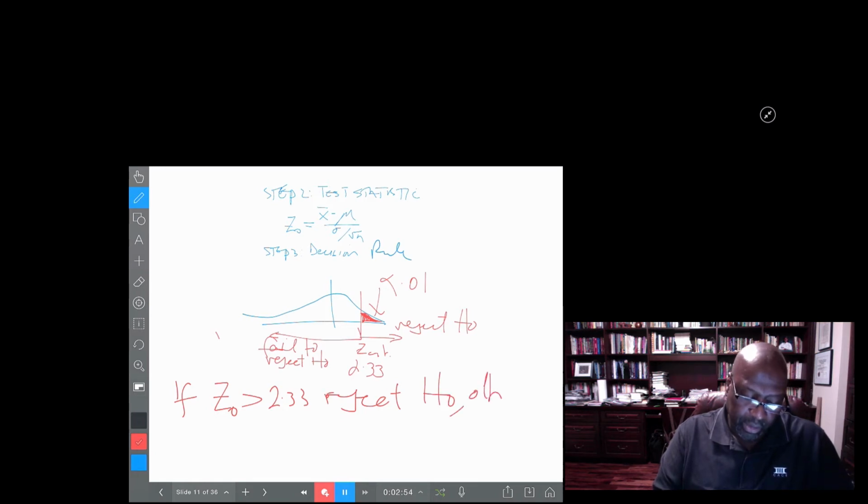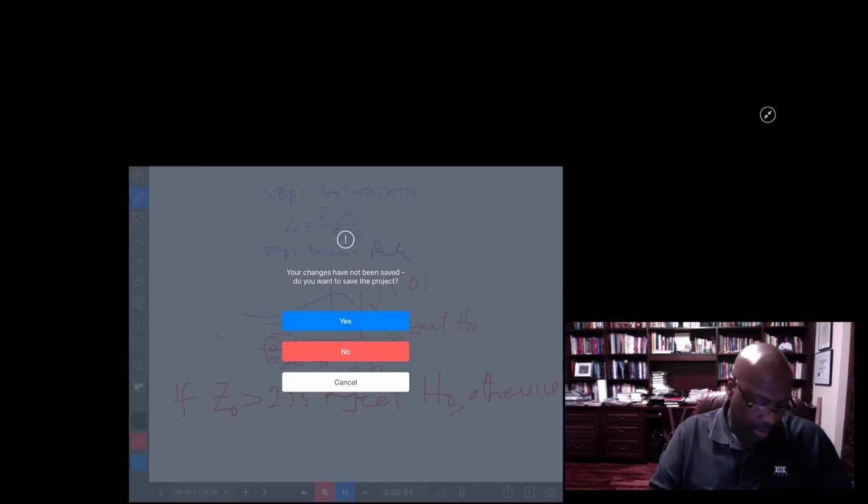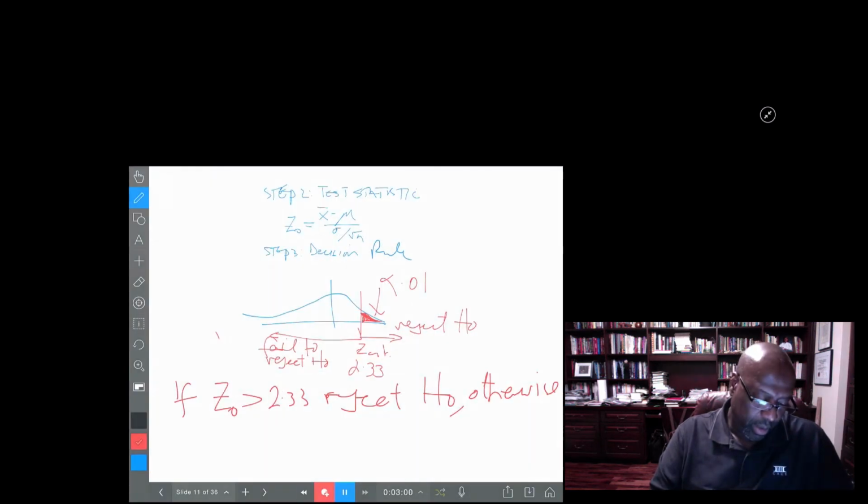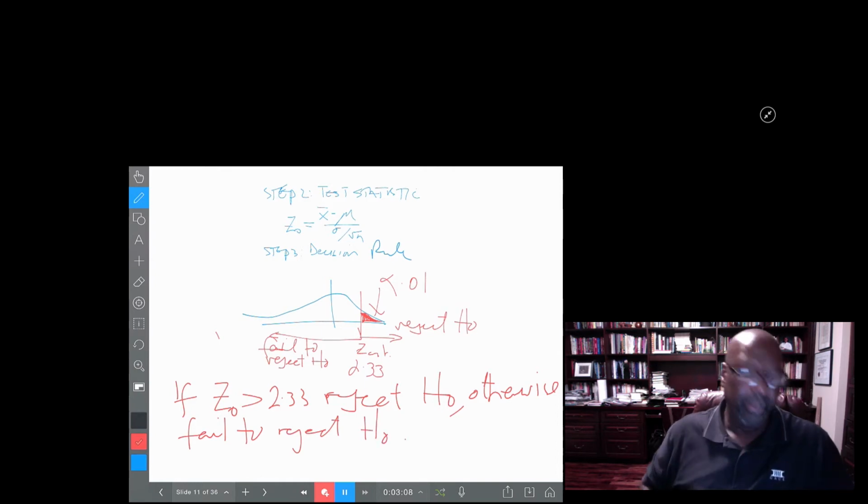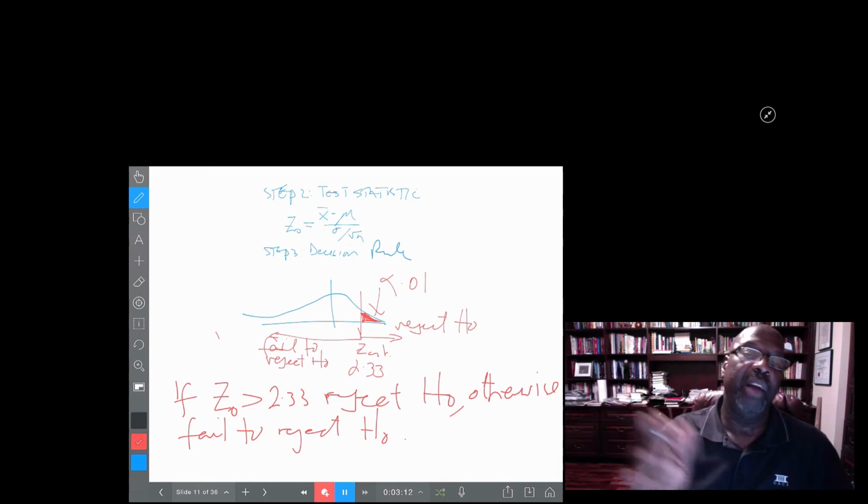Otherwise, fail to reject H0. All right? That's our decision rule. So one tail test in the right tail.